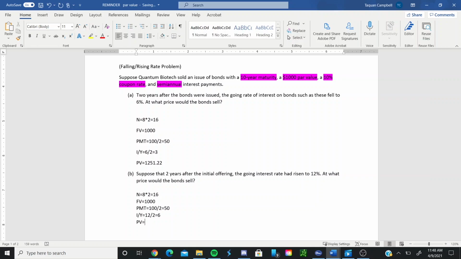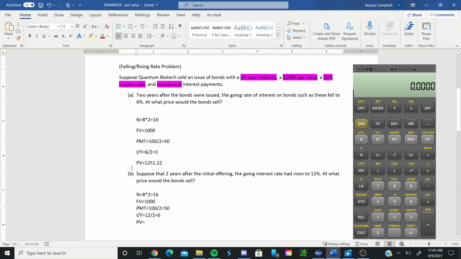So we'll come back to our calculator and enter all of the numbers again. 16 for N, 1,000 for FV, 50 for payment, 6 for yield, and then enter, compute, click PV, and the bond will sell for $898.94.